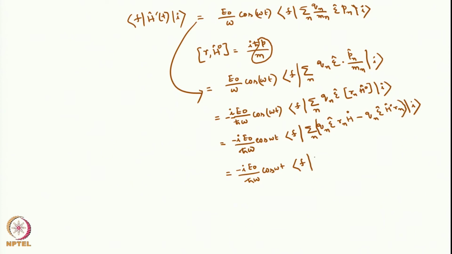So, f, sigma over n q n r n, because r is just a number.